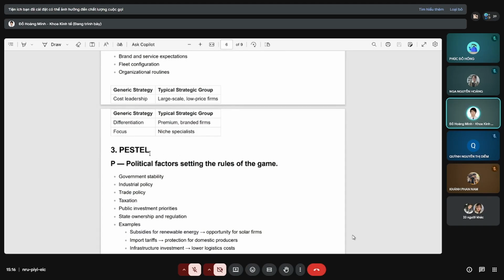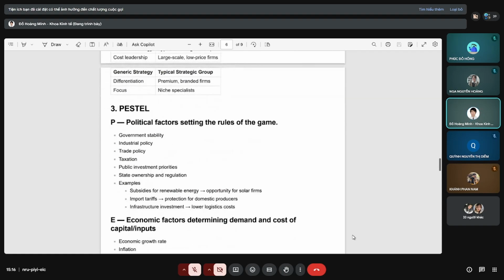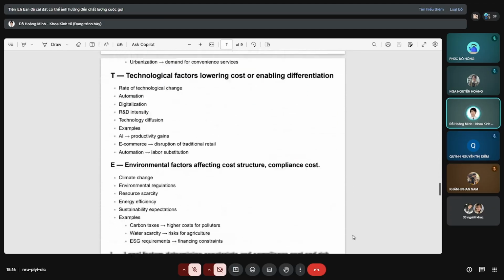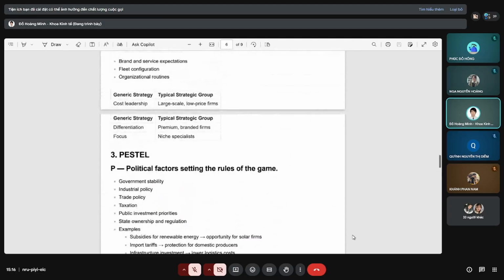The acronym PESTO contains 6 factors. The first one is political factors. Second is economic, social, technological, environmental, and the legal factors.